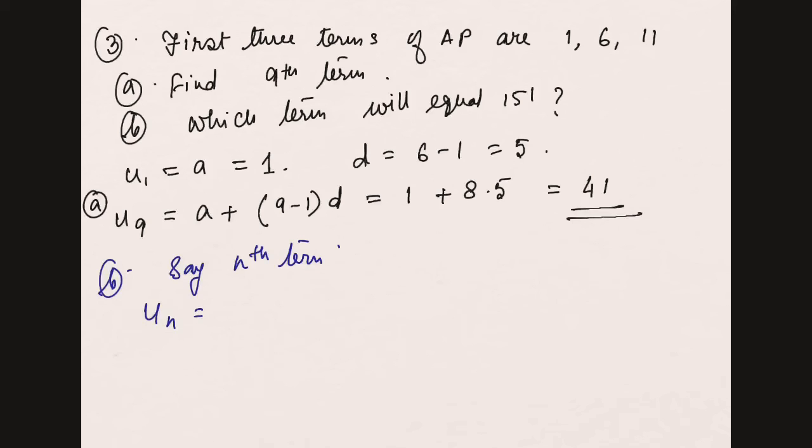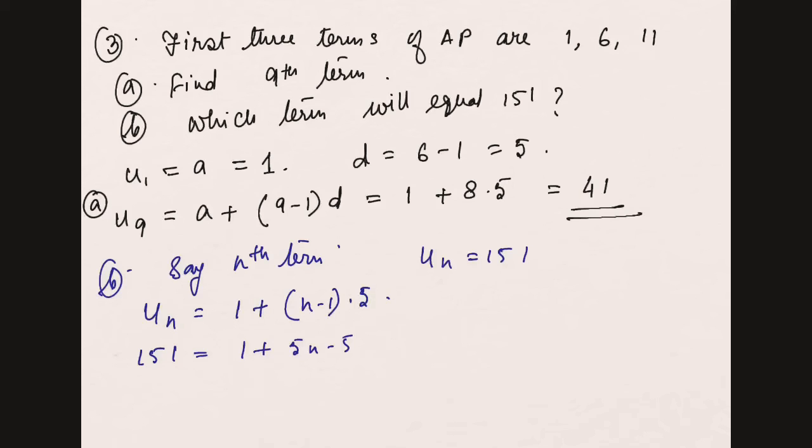Un would be A, here 1, plus (n minus 1), and D is 5 already. So this would be the nth term. Now Un has been stated as 151. So replacing that value, 151 equals 1 plus 5n minus 5. Simply interchanging, and the sign as well.